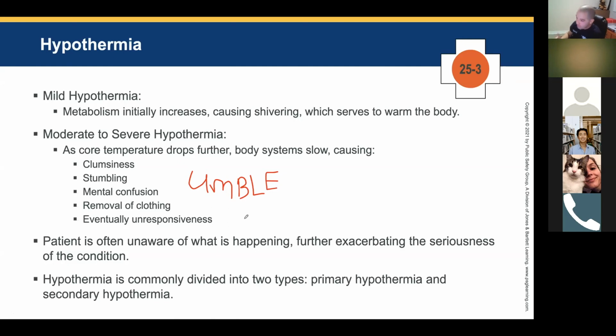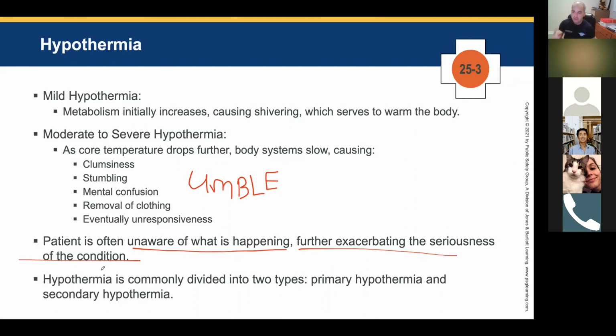So mumble, fumble, stumble, grumble, tumble, those are all signs of hypothermia. Anytime we see those umbels, those are our key signs of hypothermia. Oftentimes, the patient is unaware of what's going on, which can further exacerbate the situation.